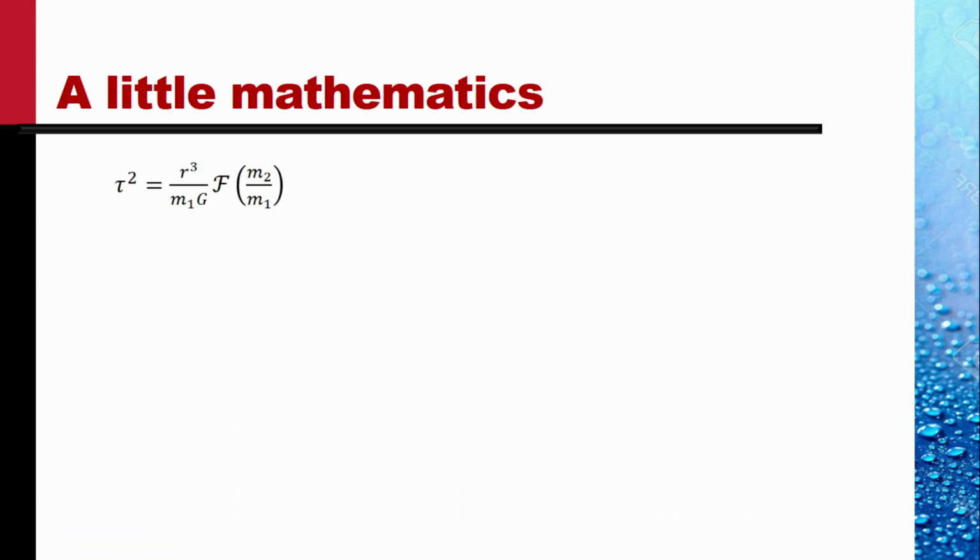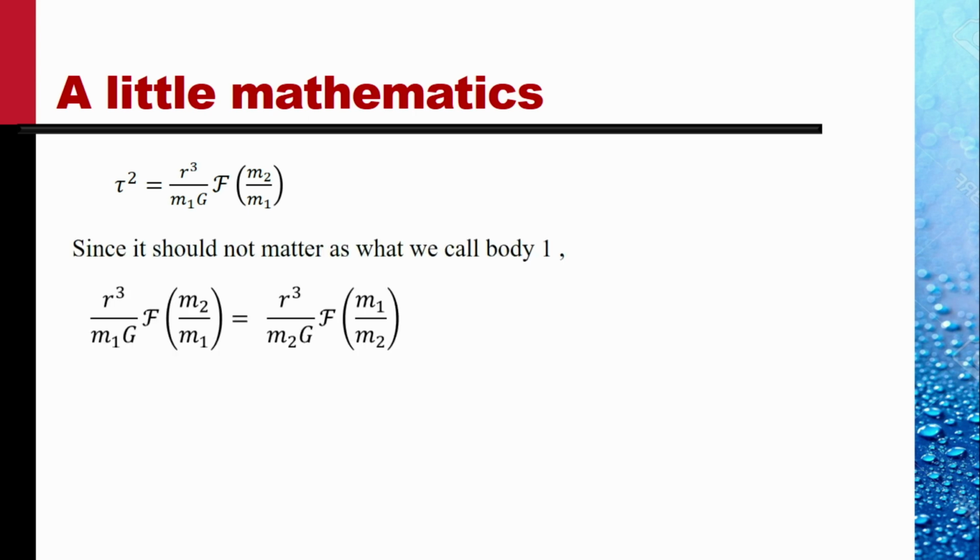Let's do a little mathematics. Tau square is this. Since it should not matter what we call body 1 and body 2, by symmetry, r cube divided by m1 G times a function of m2 by m1 should be like r cube divided by m2 G times a function of m1 by m2, reversing the role of m1 and m2.